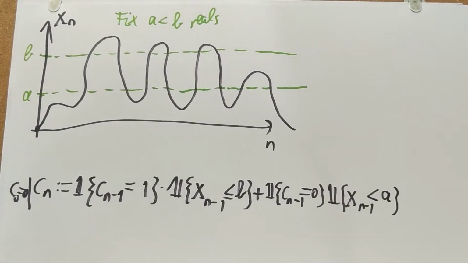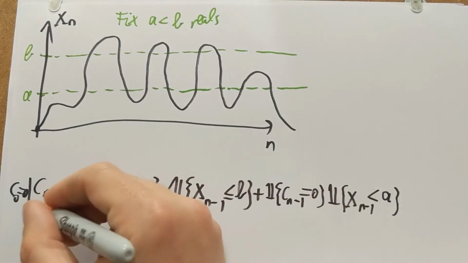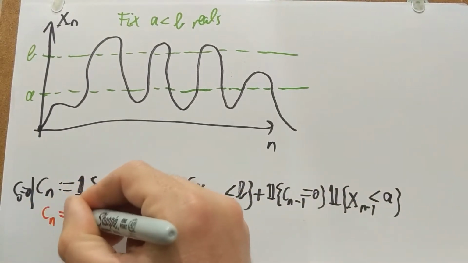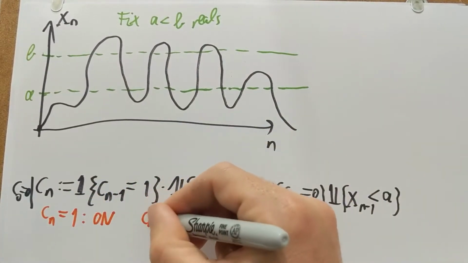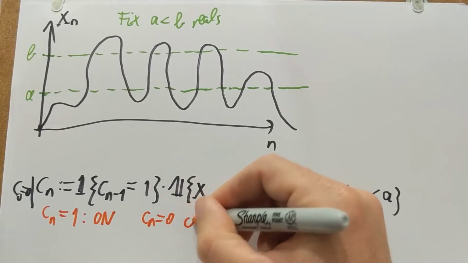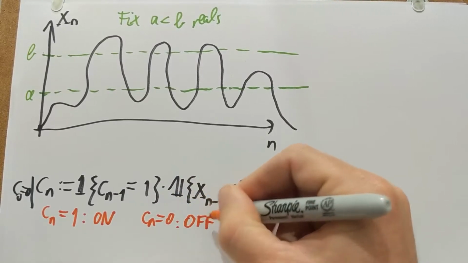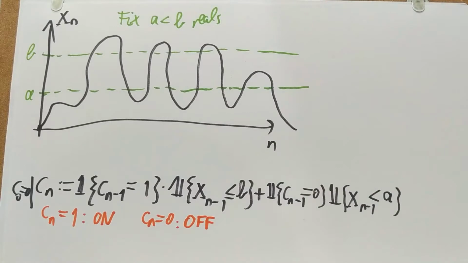Now this looks very strange and very unfamiliar, so let me explain a little bit. Think about this as an on-off process. So I'm going to refer to C_n equals 1 as the process being on, and C_n equals 0 as the process being off. First of all, these two indicators, C_{n-1} is 1 and C_{n-1} is 0, can't be true at the same time.